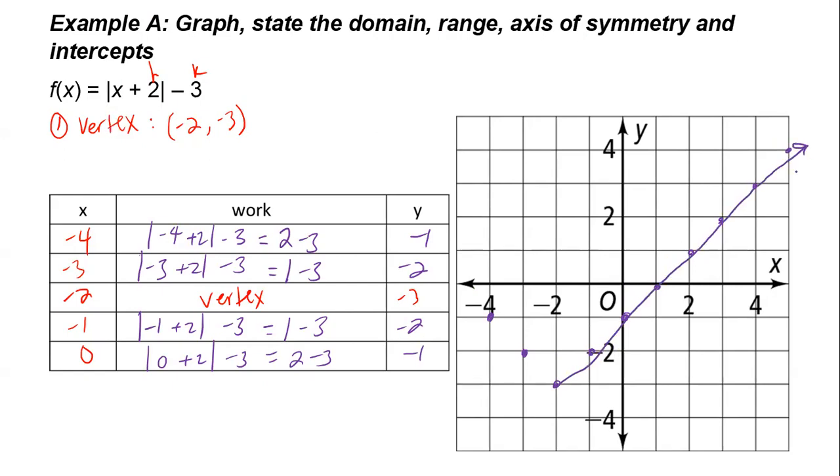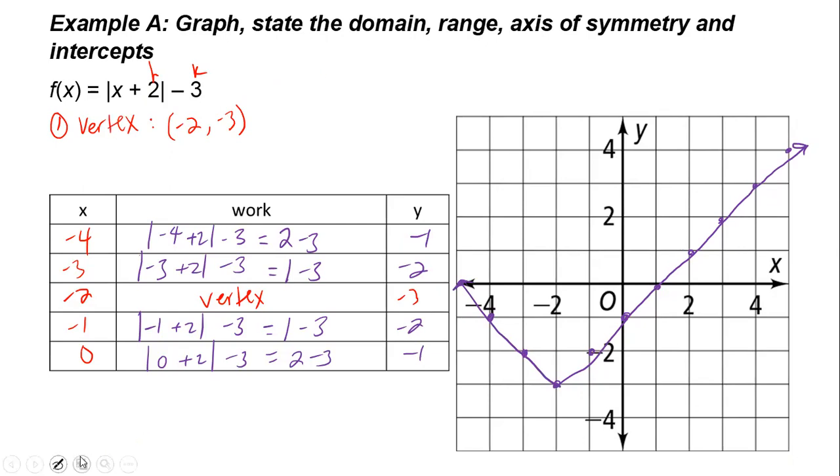And we're going to pretend that your teacher went through all of the points, per usual. Straightest line you've ever seen. Okay, on the left side, my slope is up 1, left 1, up 1, left 1, up 1, left 1. Connect. And bam, we did it.